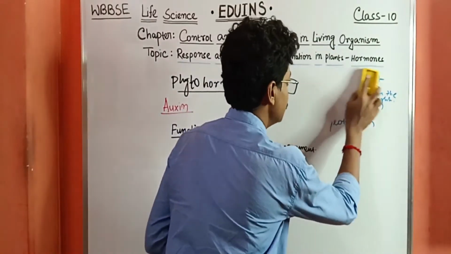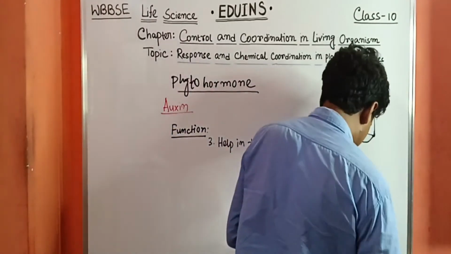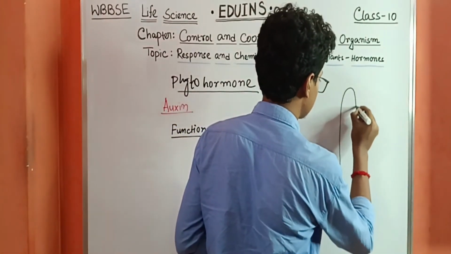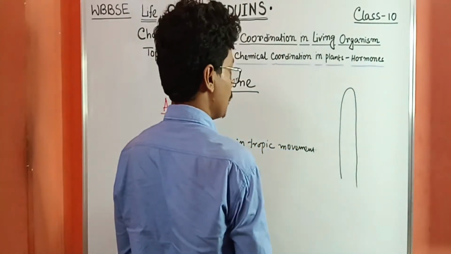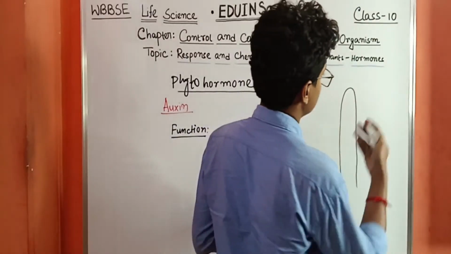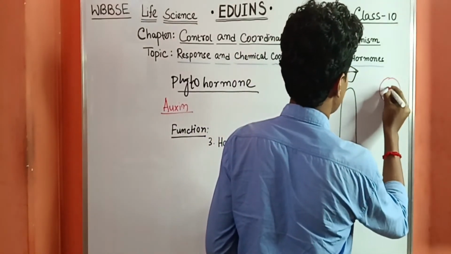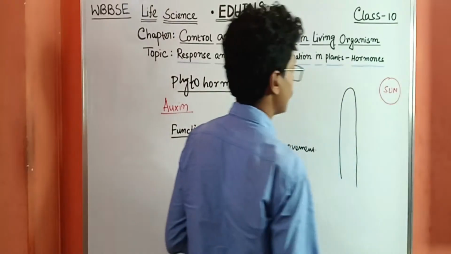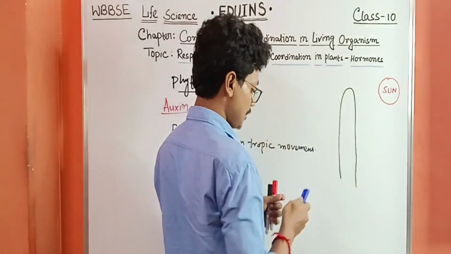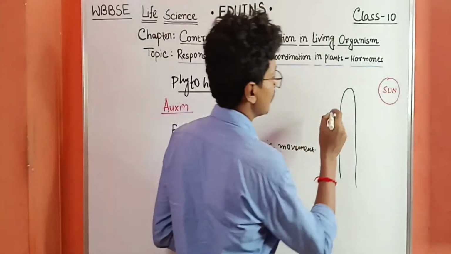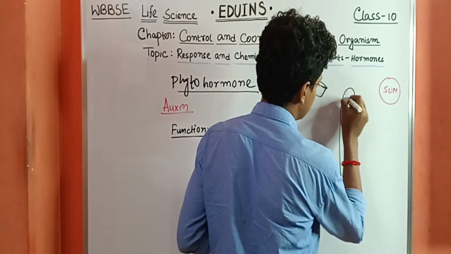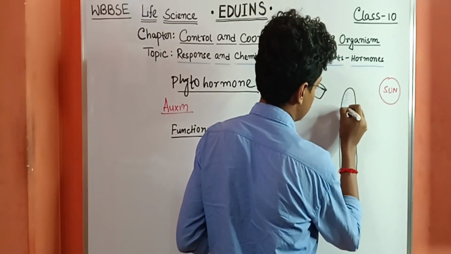In phototropism, if a plant is like this, so sunlight is here. The auxin molecules we know are present in the apex region, they will accumulate on the opposite side of the light.